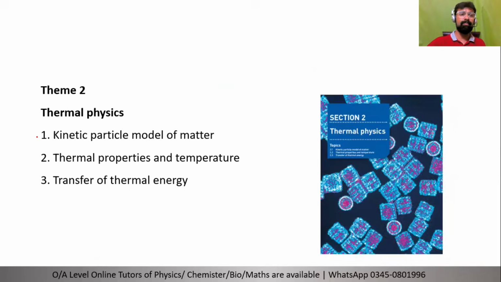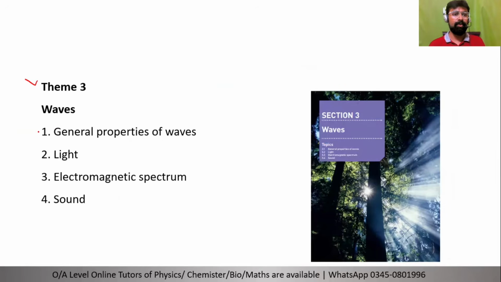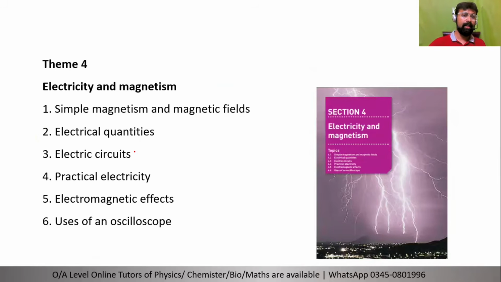In theme 2, there are 3 main topics that are listed here. And in theme 3, there are 4 topics that have been shown here. In the same way, theme 4, which is called electricity and magnetism, is also an important ingredient in the O-level exam.